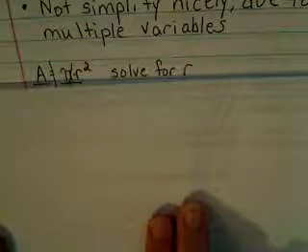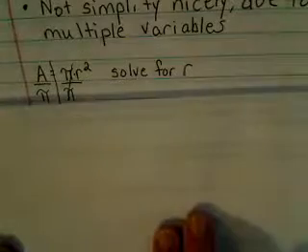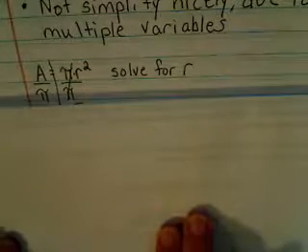We want to get rid of the pi. It's pi times r squared, so we're going to divide both sides by pi. Everyone should be writing this down under one step, even though this is more than one step.